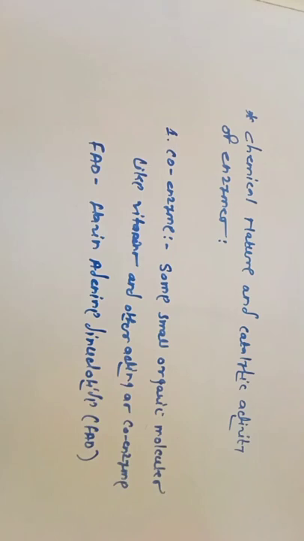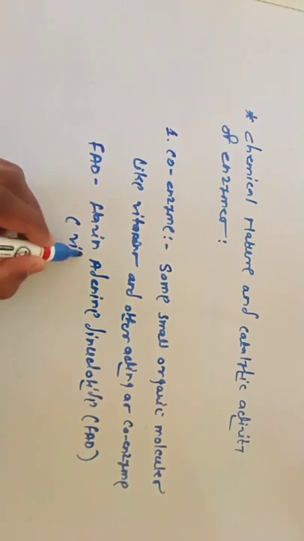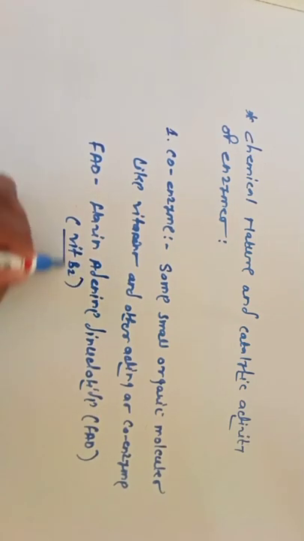So what is this FAD? It is vitamin B2. So this flavin adenine dinucleotide is nothing but vitamin B2, and it is responsible for the conversion of succinic acid to fumaric acid.